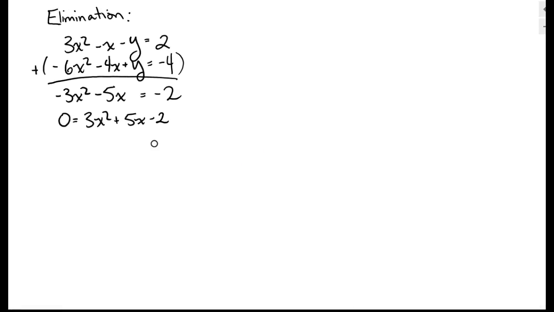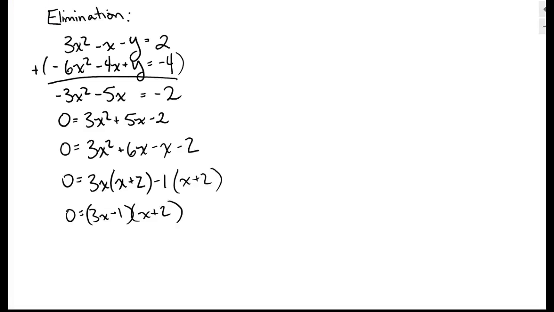Now, this is factorable. I'm going to use my kind of splitting up strategy. If you weren't a fan of that, go ahead, pause the video, use your own strategy. Really practice factoring. Okay, so here we go.